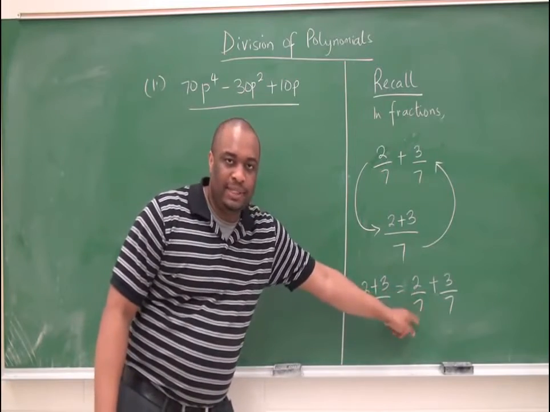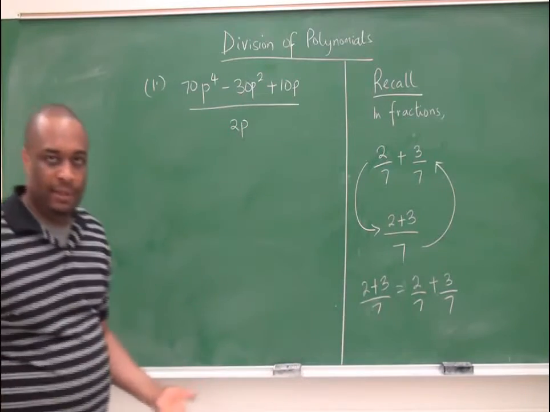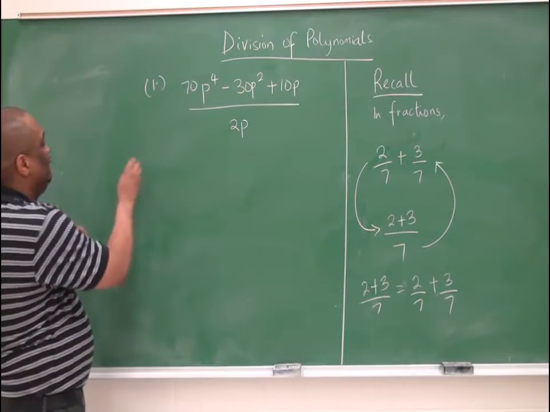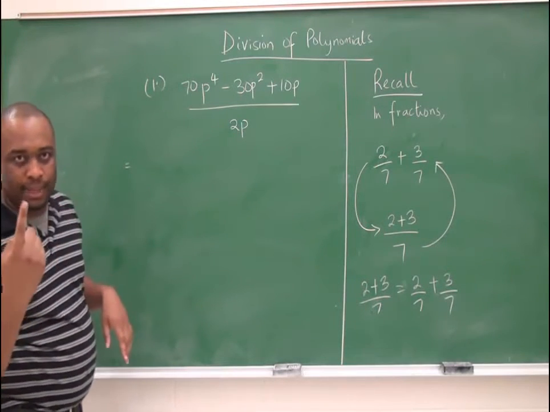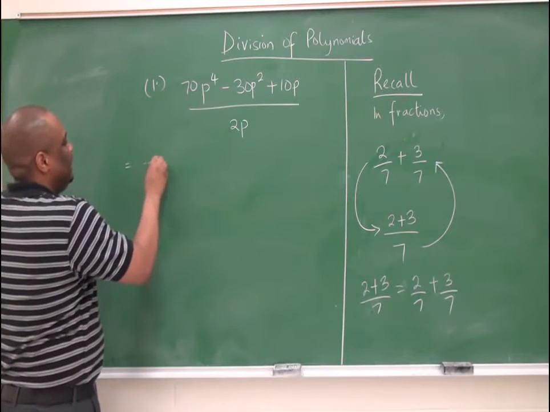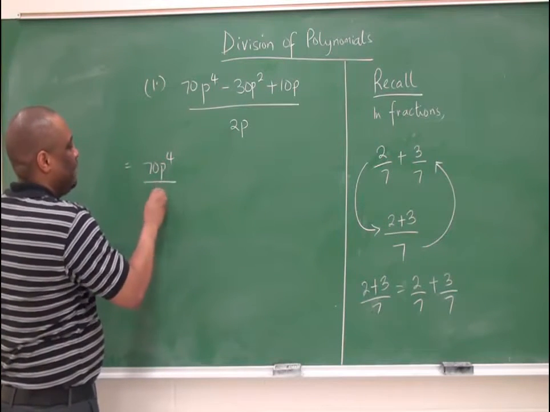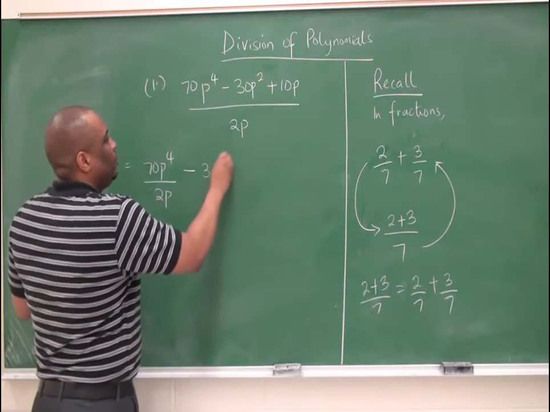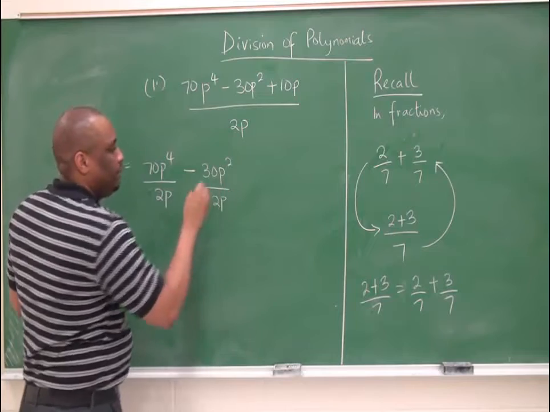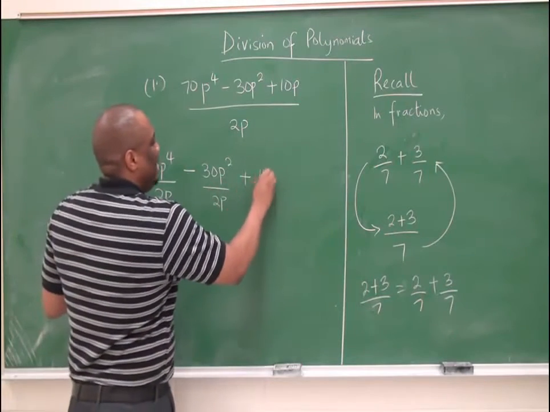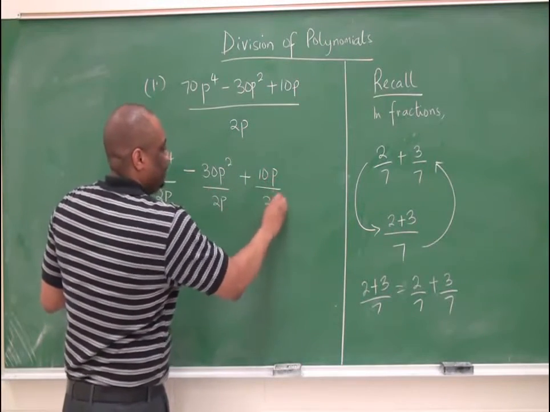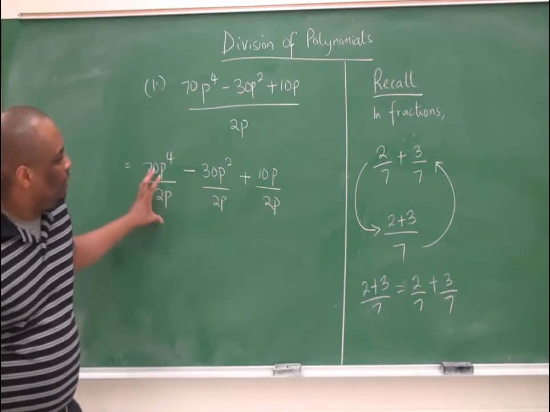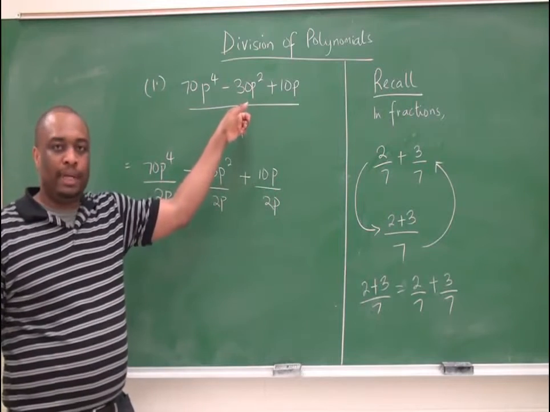This means 70p^4 divided by 2p, minus 30p^2 divided by 2p, plus 10p divided by 2p.